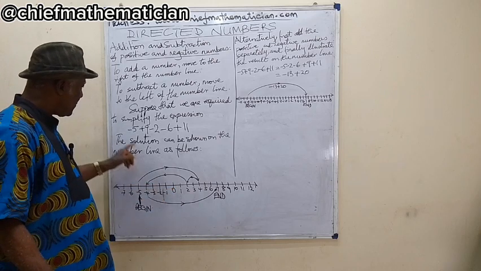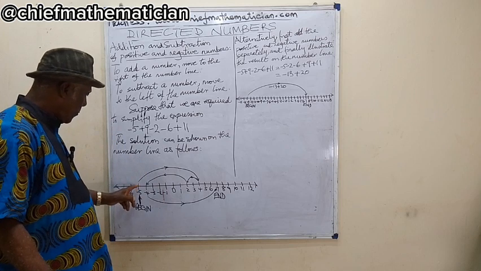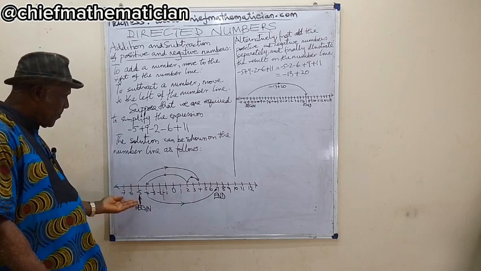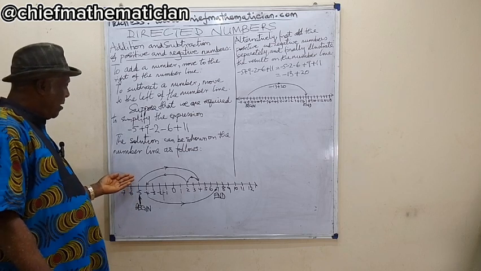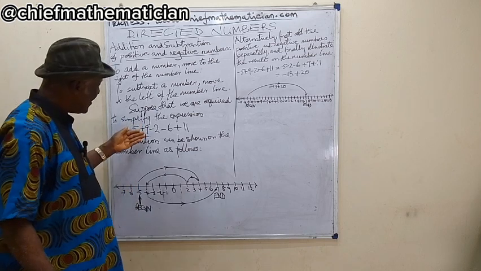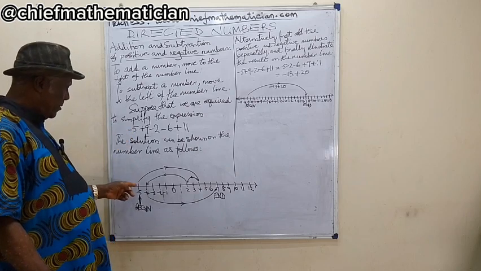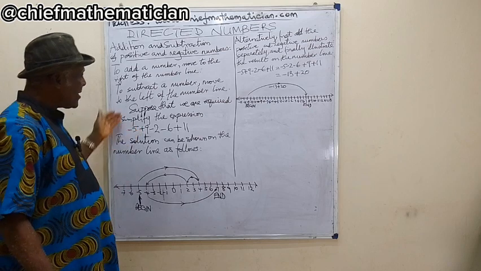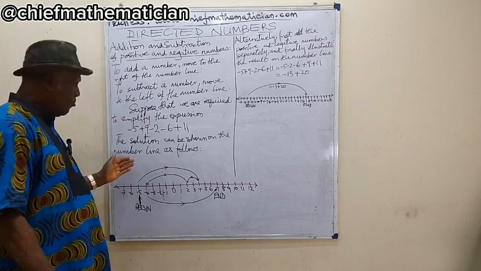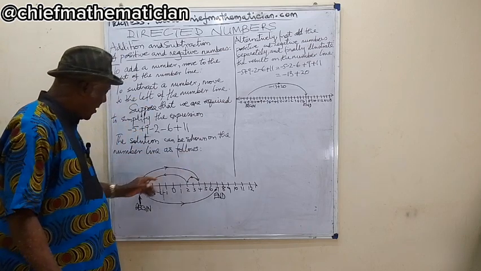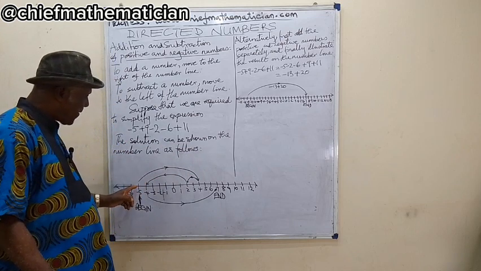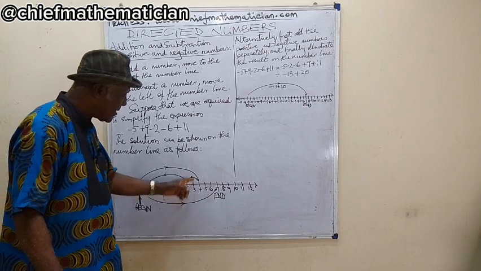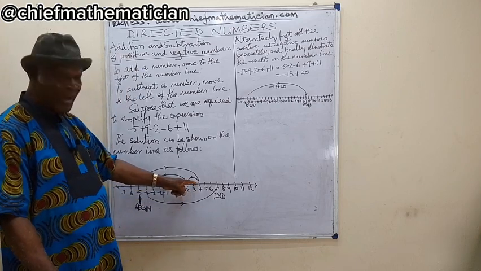You can see it. We are beginning from here. Minus 5 plus 9. Plus 9. We are going to move 9 steps now this way. And when you count from that minus 5, 1, 2, 3, 4, 5, 6, 7, 8, 9. You will land on 4.